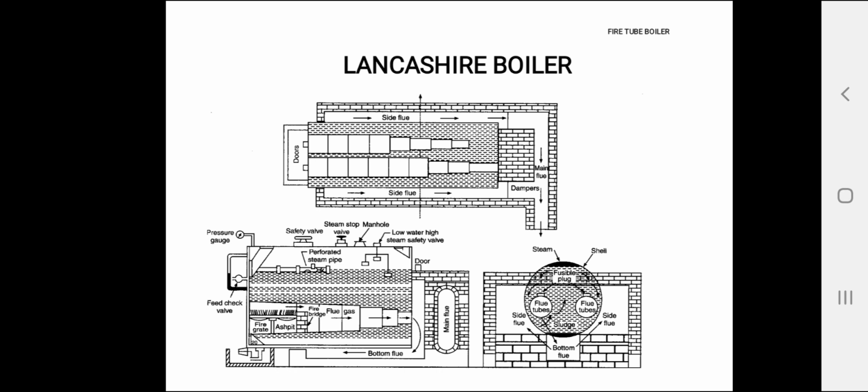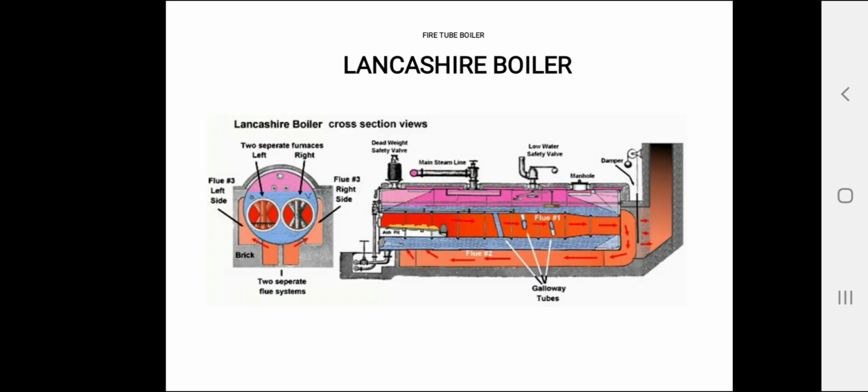The heat is generated in the furnace and passed through the two tubes. In a horizontal cylinder the water is stored, surrounding these fire tubes. It gets heated and steam is produced. So this is a Lancashire boiler.